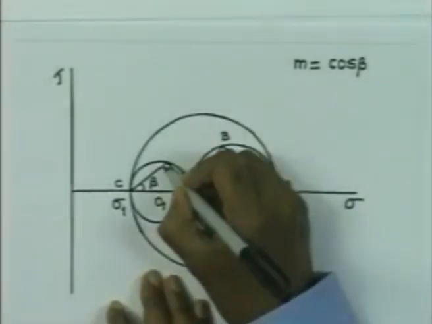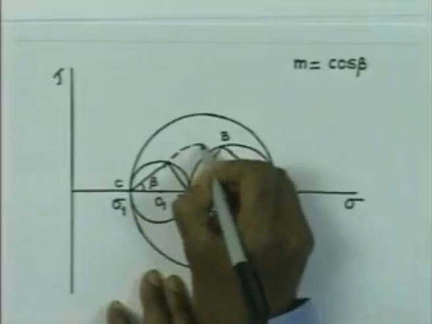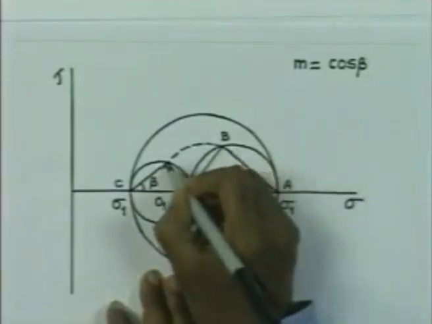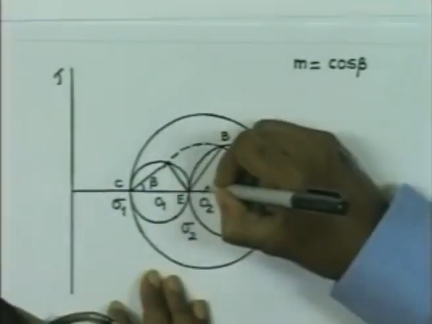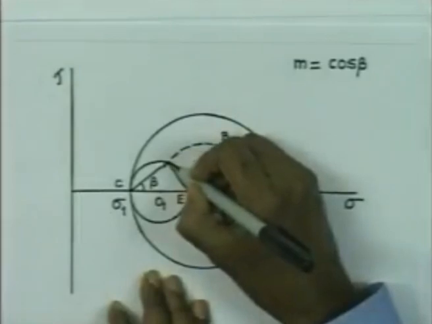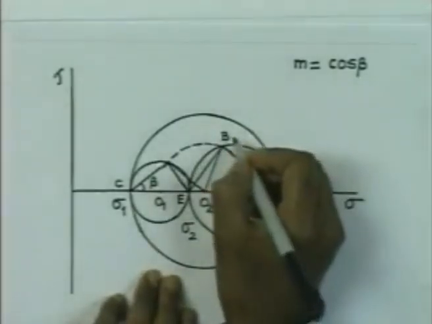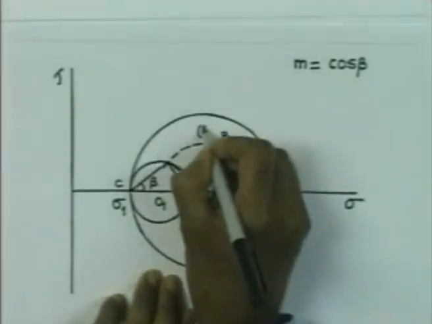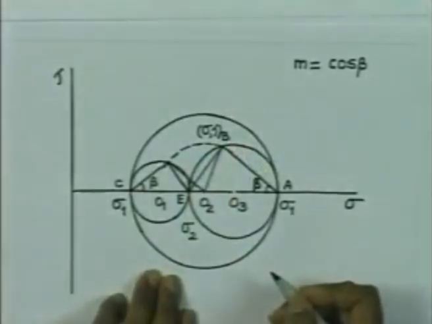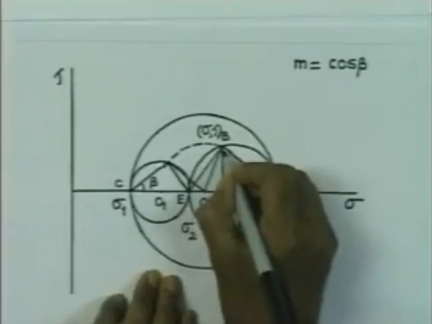Again, the stress at this point, let us say, is sigma and tau, and now we draw a normal from this point onto the stress axis.